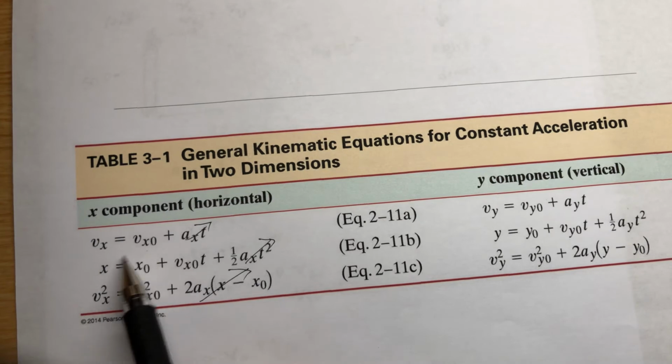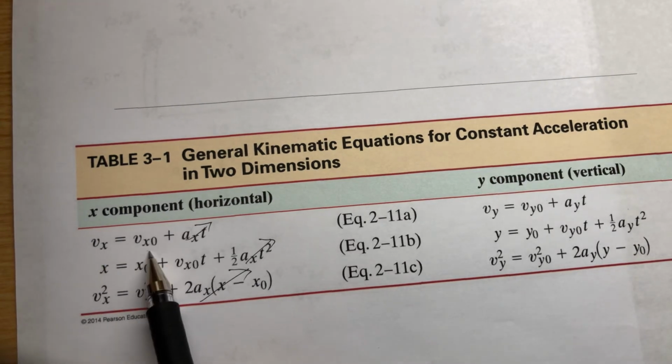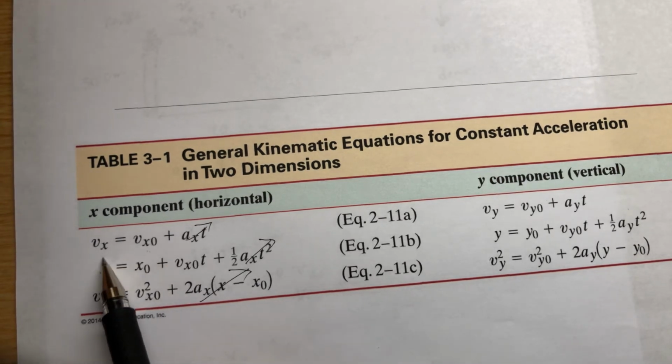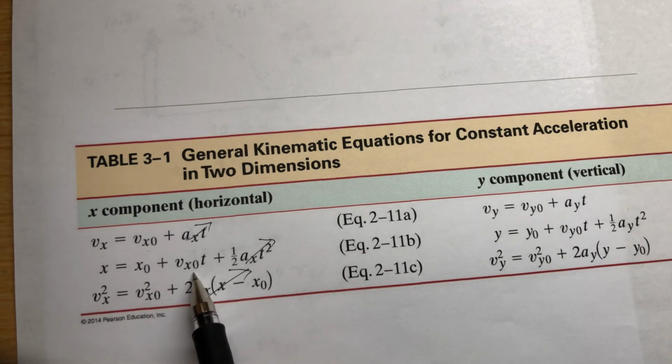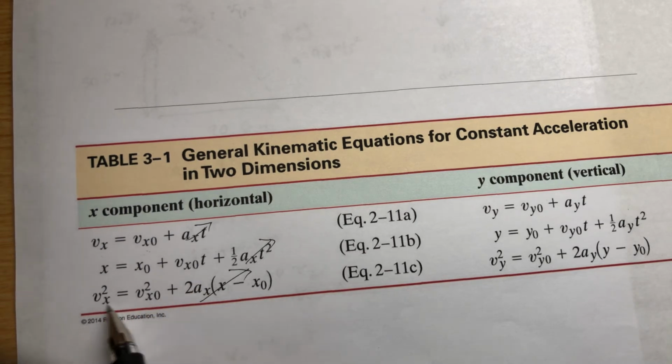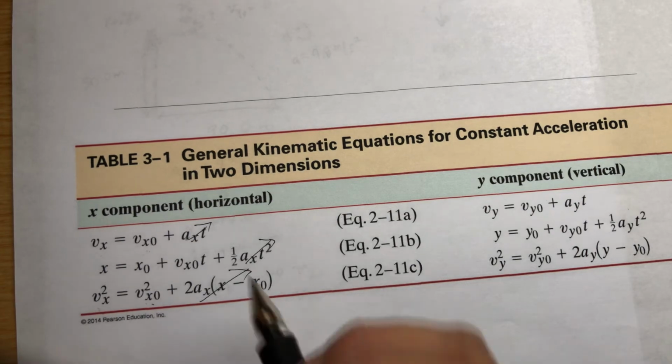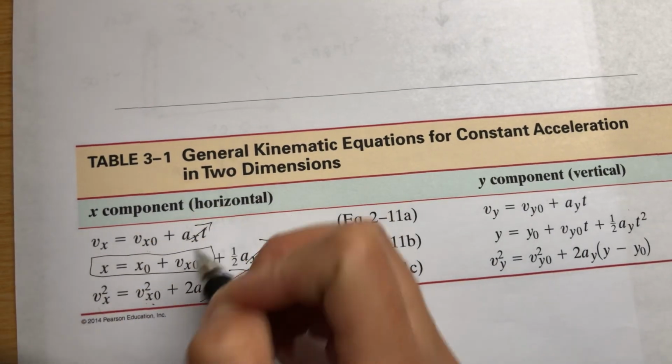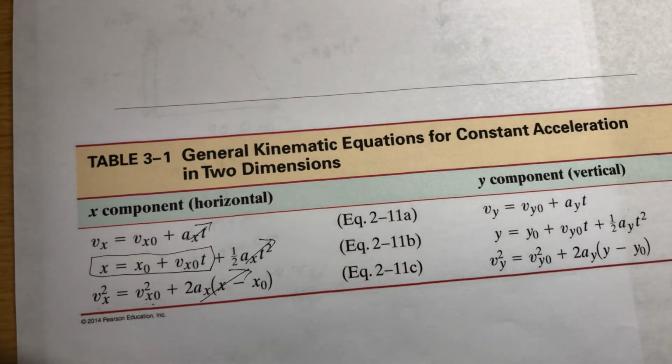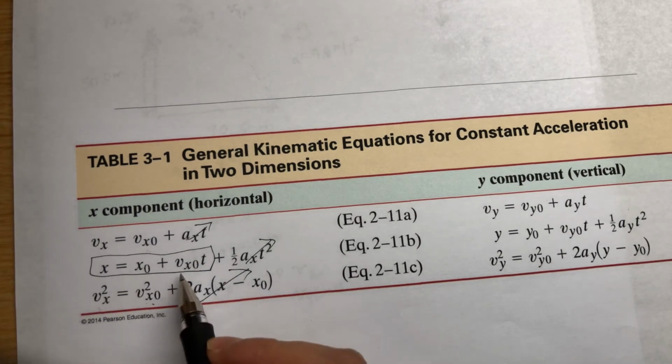This doesn't tell us anything, we don't have Vx. This one also doesn't tell us anything, because that's just Vx squared equals Vx naught squared. So this is the only equation we have, with x naught and x.